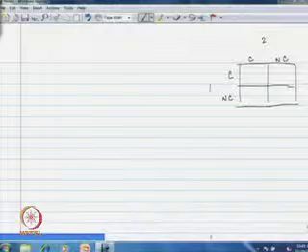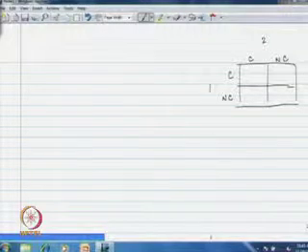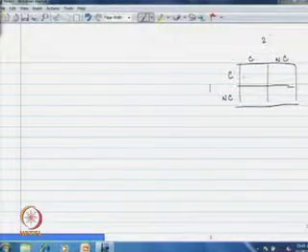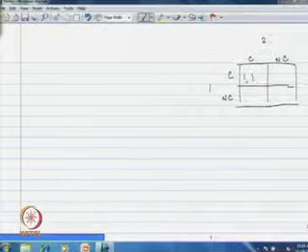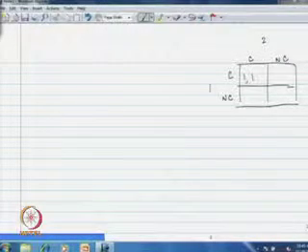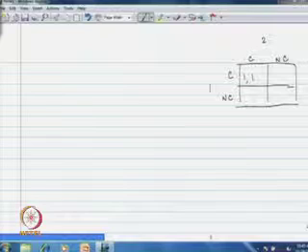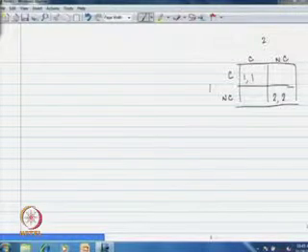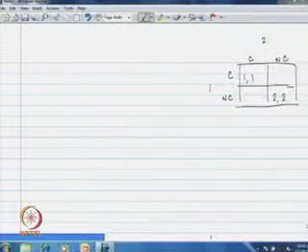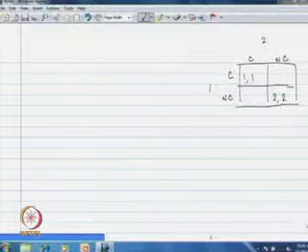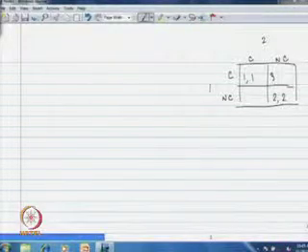Now, if both of them confess, they get 1 and 1 represented by these numbers. If both of them do not confess, then basically the guilt is not proven and they get better payoffs, 2 and 2. If player 1 confesses and player 2 does not, then player 1 is freed.